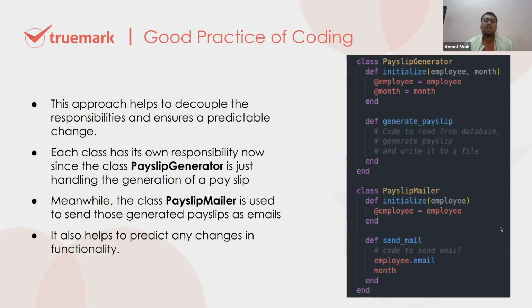Similarly is the case for this mailer class, where we will just be modifying this class if we ever have to change the implementation of sending the email to the employee. Now, it also helps us to predict any changes in the functionality.